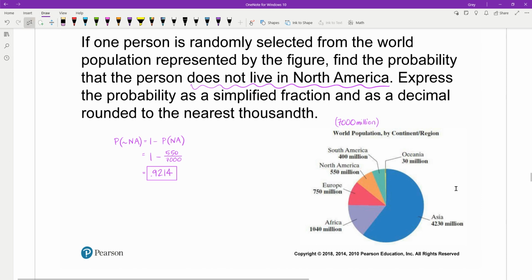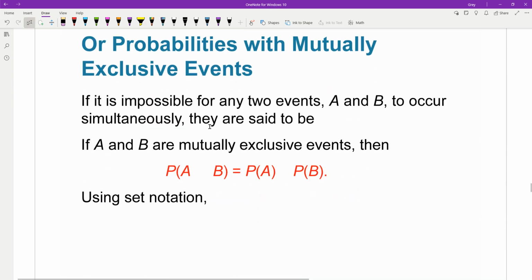All right, moving on. Probabilities with mutually exclusive events. If it's impossible for 2 events to happen at the same time, they are said to be mutually exclusive. A good example: you cannot get an A and a B in my class. You will either get an A or a B, but you can't get both. So how do you write that?